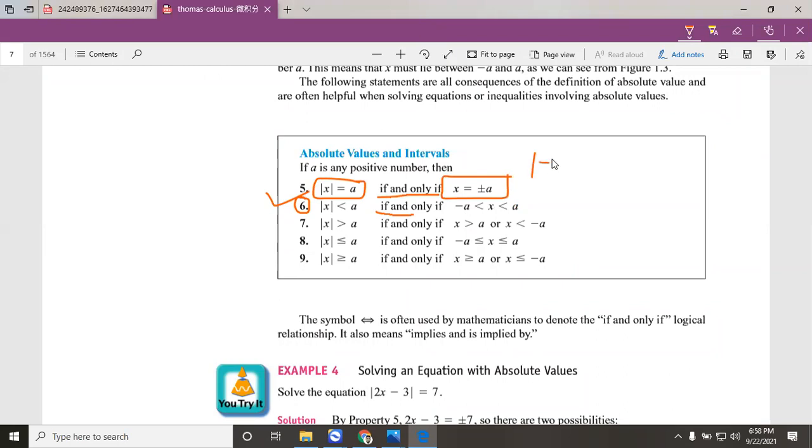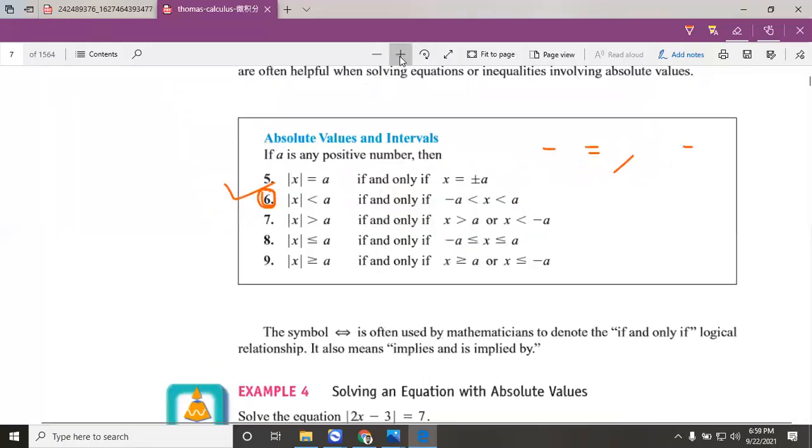Like we get -3. So the absolute value of -3 will be only 3. Okay, +3. And also the absolute value of 3 will be only 3. I mean plus 3. The second rule is, let me zoom in.